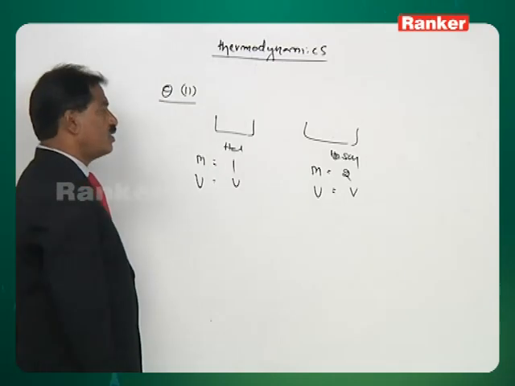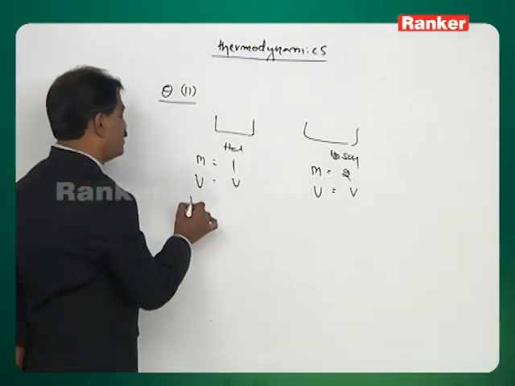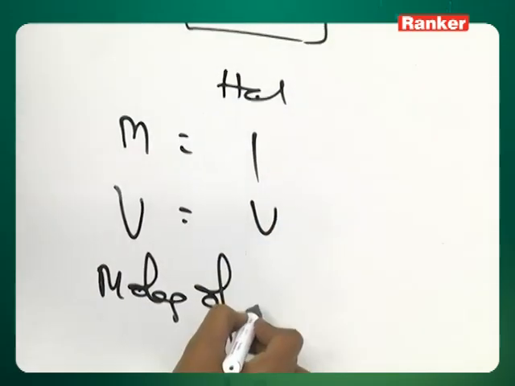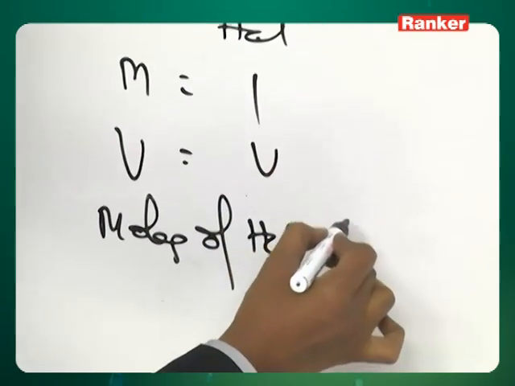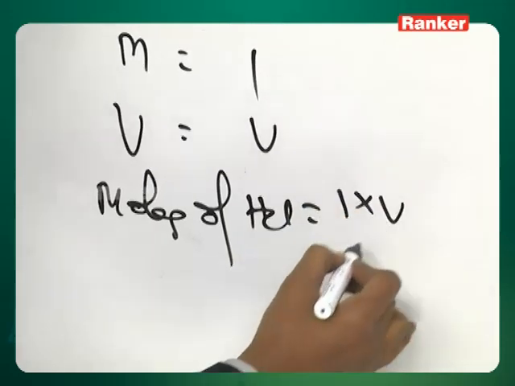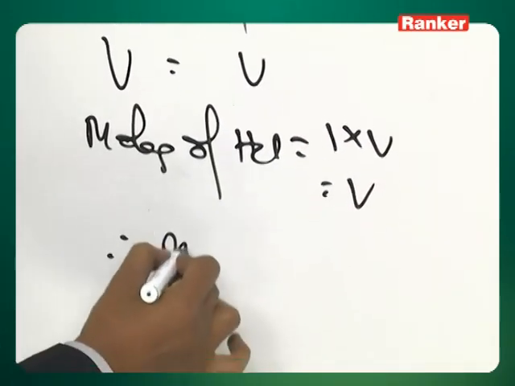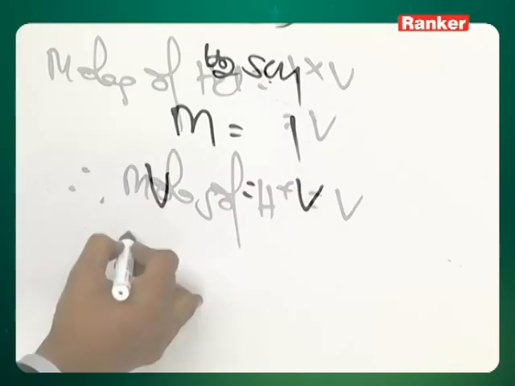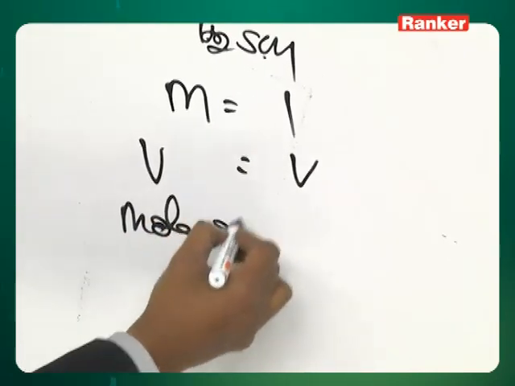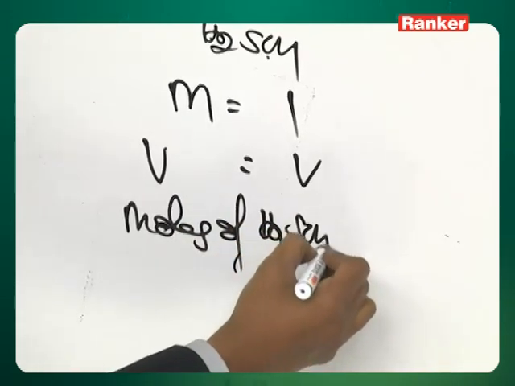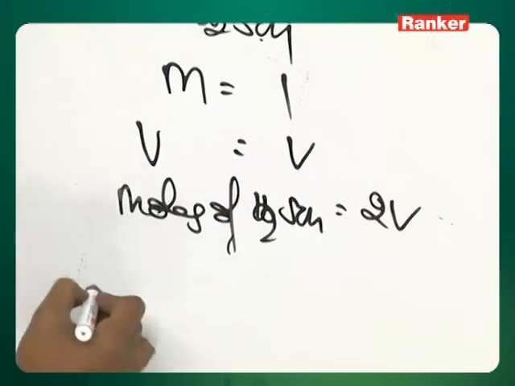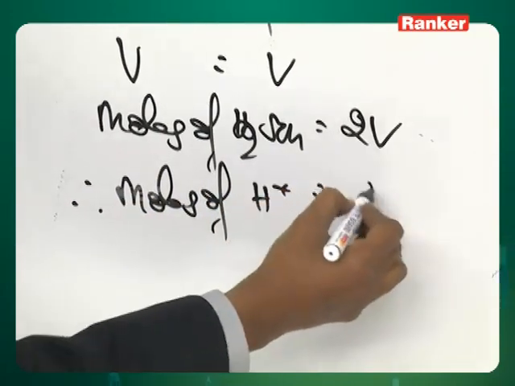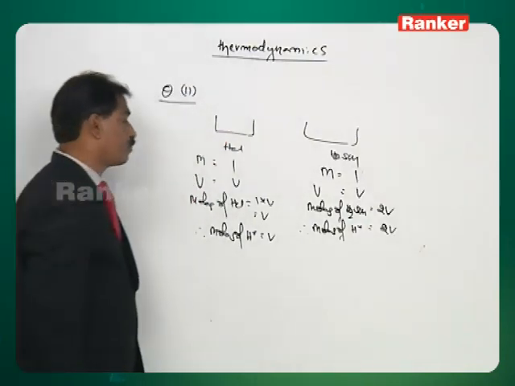Next, both are strong acids. Therefore, moles of the HCl is equal to moles of the H plus. Moles of HCl is equal to 1 into V, that is V. Therefore, moles of H plus is V. Therefore, moles of H2SO4 is V. Therefore, moles of H plus is 2V.